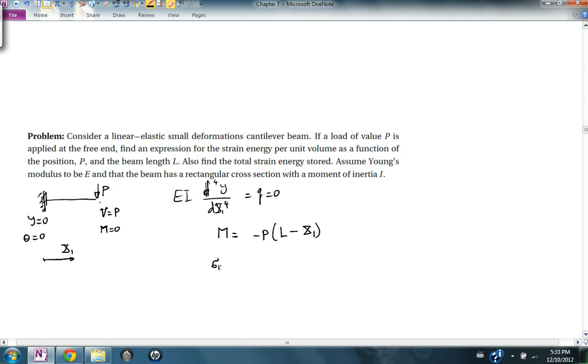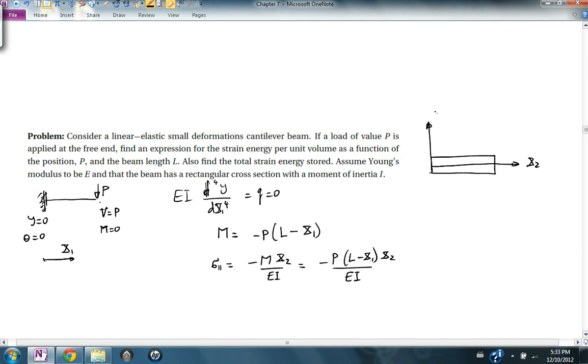And the stress at any point is equal to negative M x2 over I, which is equal to negative P (L minus x1) x2 over I. So if this is the beam, with x2 and x1, sigma 1 at every point is given by this equation.